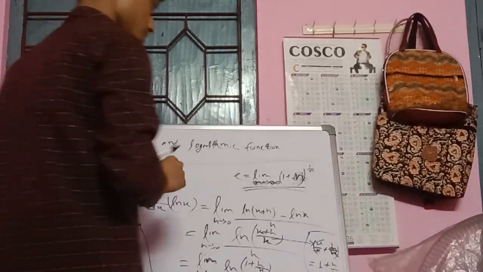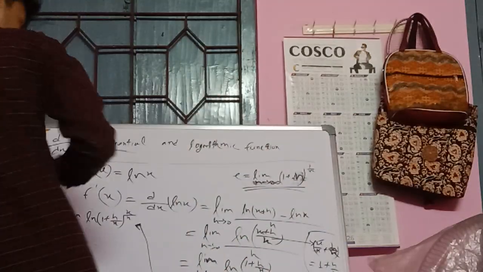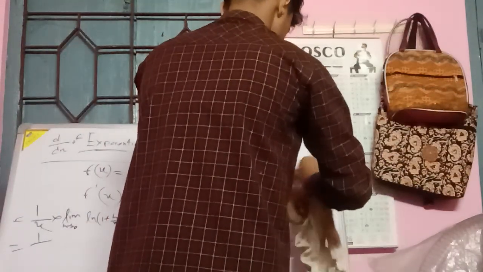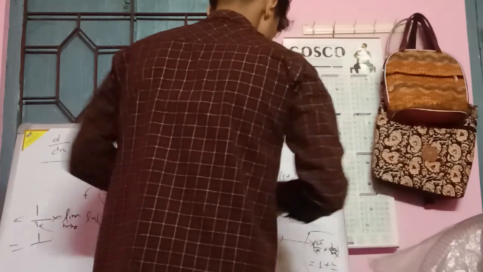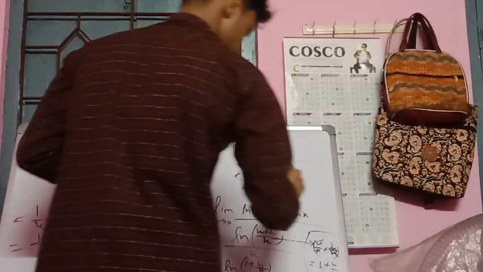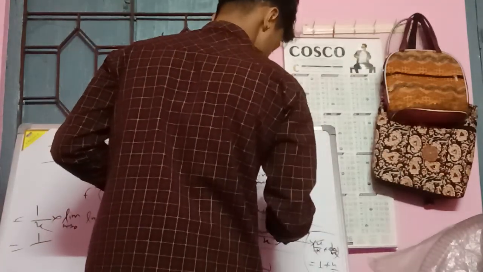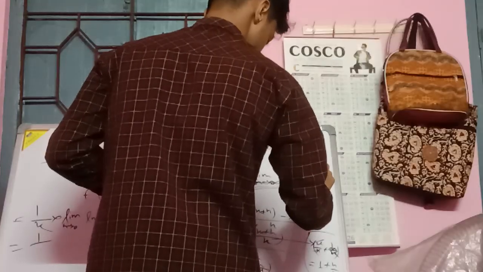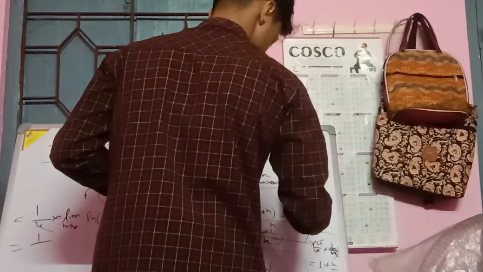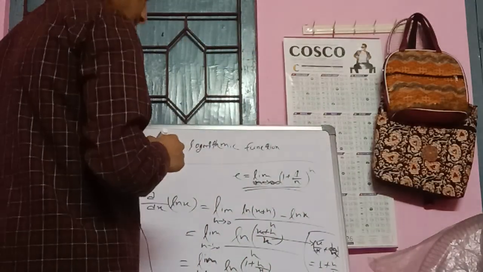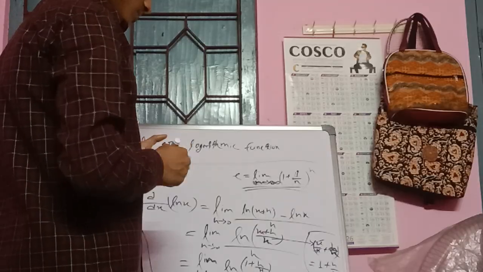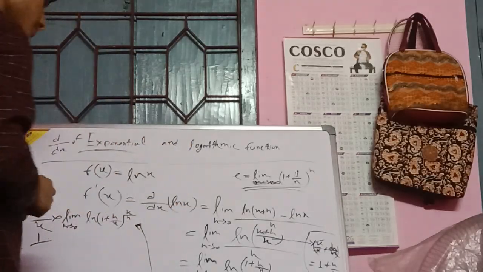Yeah, I think a better way to write this down would be 1 plus 1 over n, this whole thing raised to n.